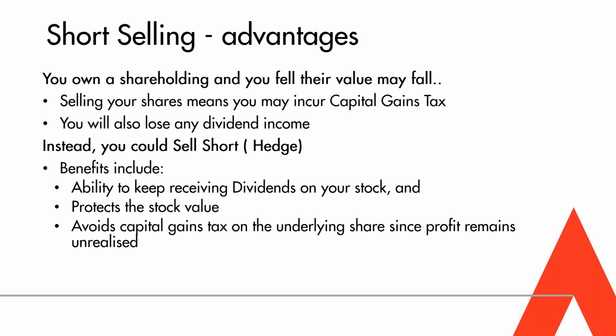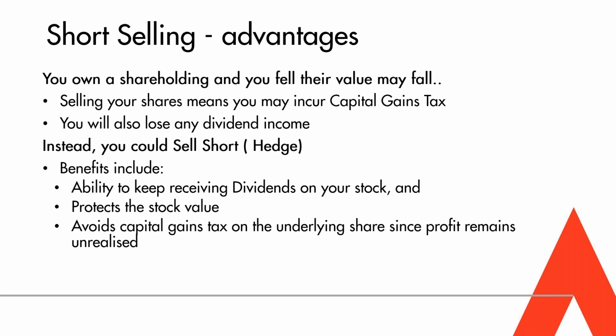So there are many reasons for avoiding having to sell the stock, and hedging certainly gives you the ability to avoid having to sell the stock and ride out any declines, but also means that you could keep receiving dividends along the way. Whereas if we sold the stock, well, suddenly we're no longer receiving the dividends.